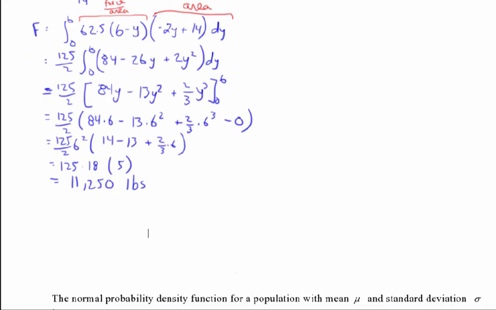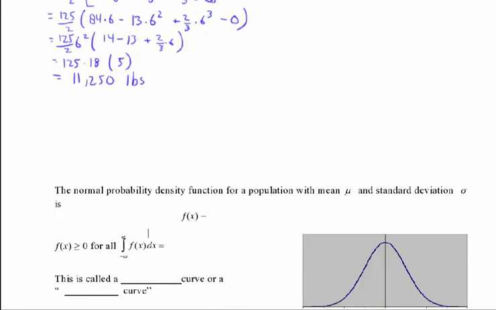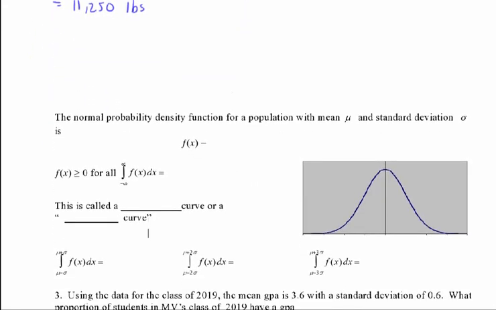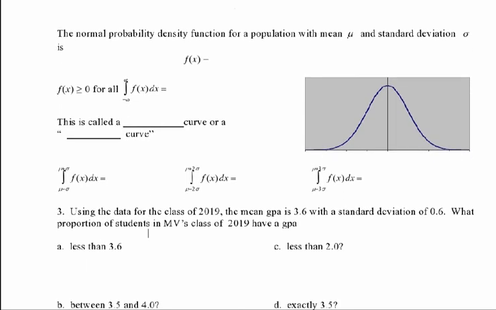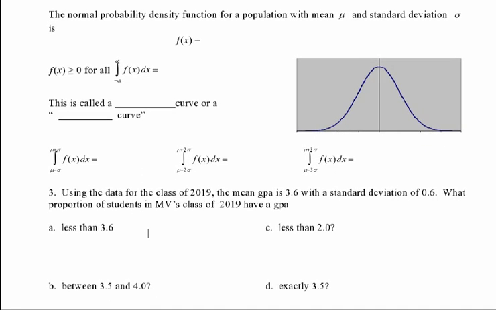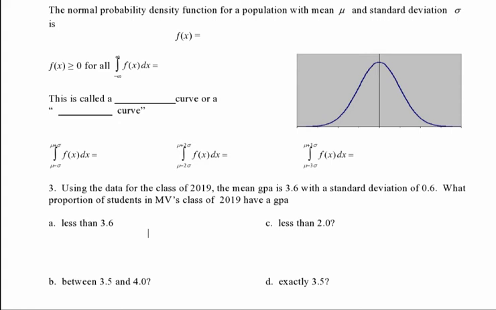So now let's take a look and apply our integrals to area. Now you've all looked at probability stuff before, and we're going to look at it now in light of integrals.